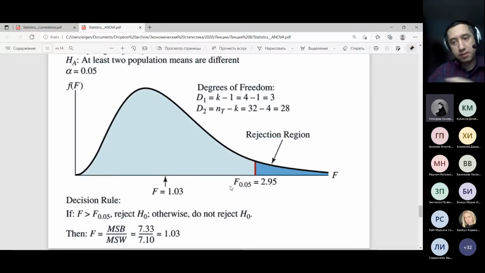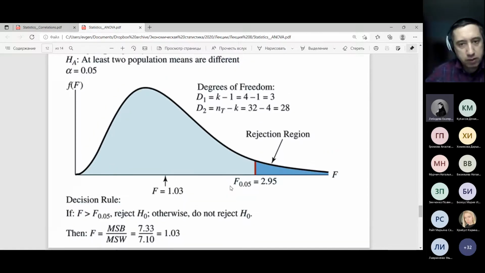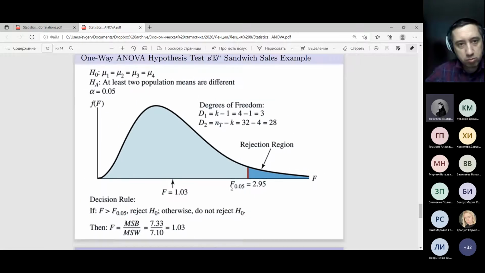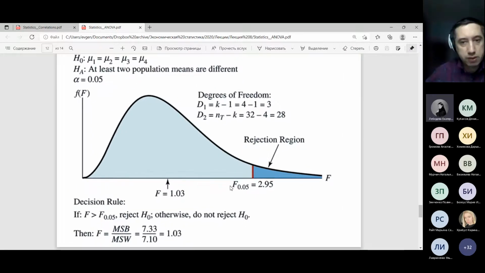Well, what is the drawback of ANOVA? Look, in this simple example, we learned that we shouldn't reject the null hypothesis, that statistically all average values are the same. But often we have cases when average values aren't the same.